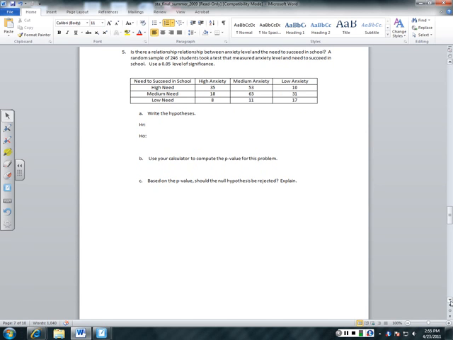Okay, so problem 5, hopefully you can see that we're looking for a relationship and that we have 2 qualitative variables, at least one of which, in this case, both of which are multinomial variables.